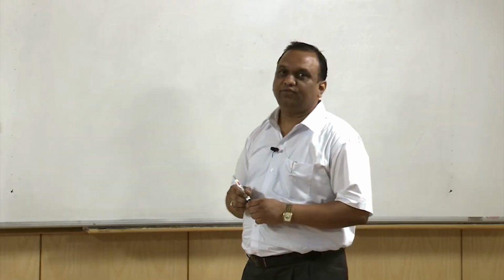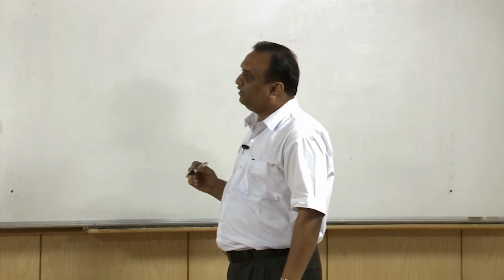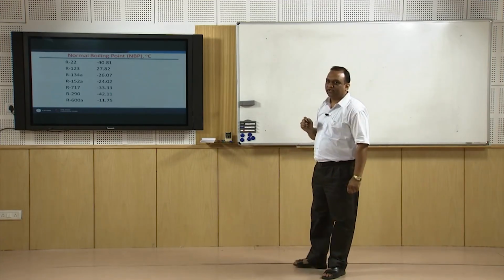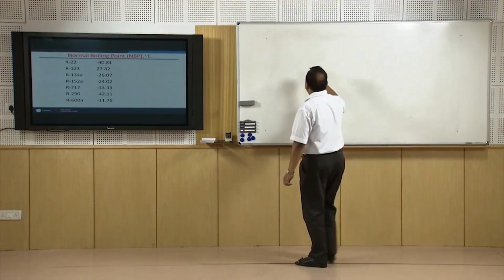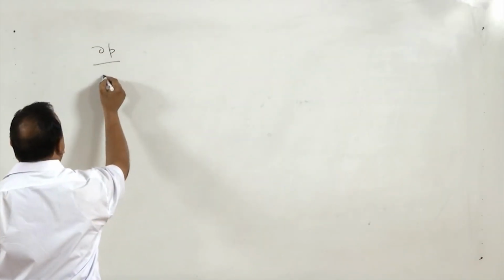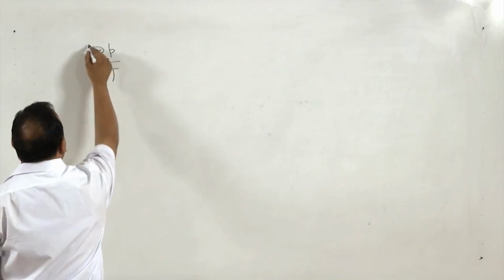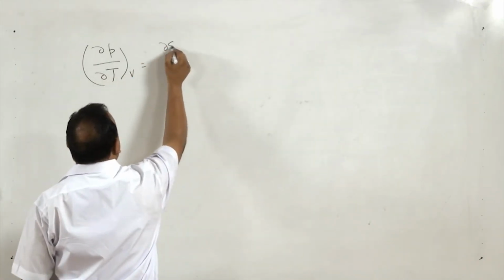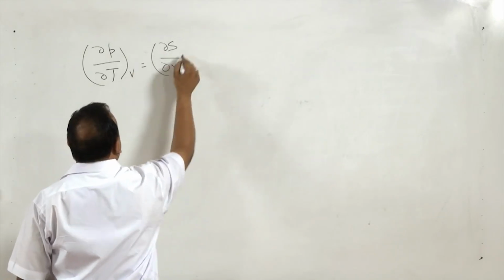Regarding this, we will do one small derivation to find the bearing of normal boiling point on the performance of a refrigeration system. There is a Maxwell relation del P by del T at constant volume is equal to del S by del V at constant temperature.